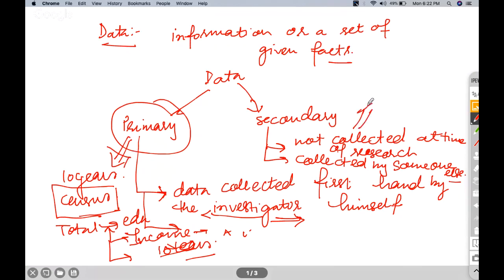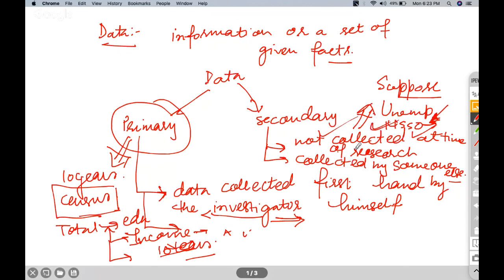Secondary data can be, suppose I have to give a presentation about the unemployment rate in India, and I go to the NSSO website, find data from there, and copy paste that data saying I have taken it from NSSO. That data which I didn't collect becomes secondary data, because it was collected by the NSSO survey.